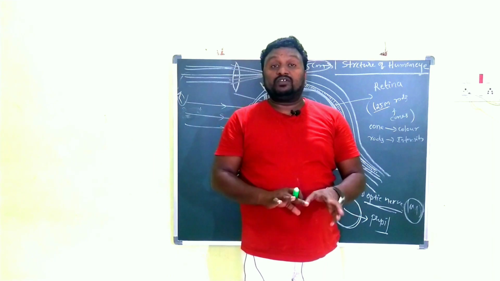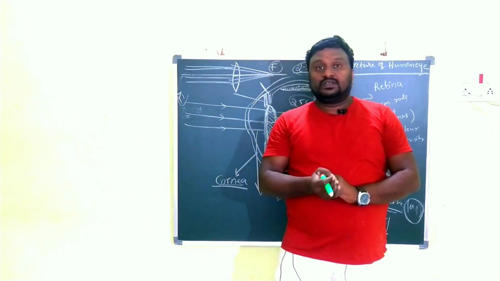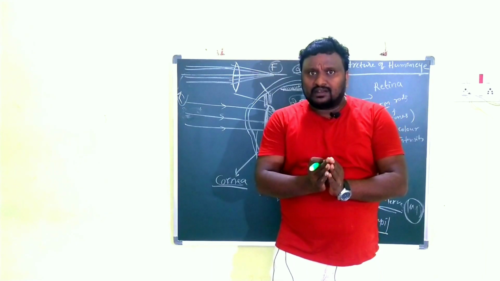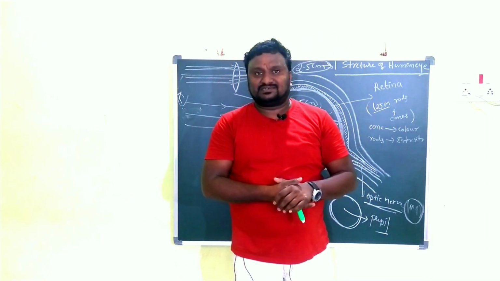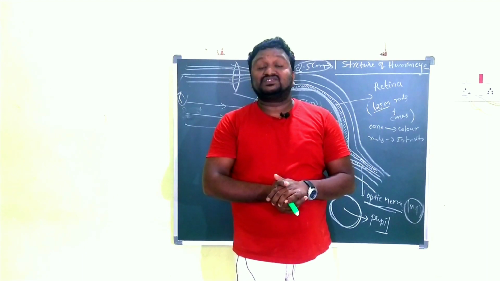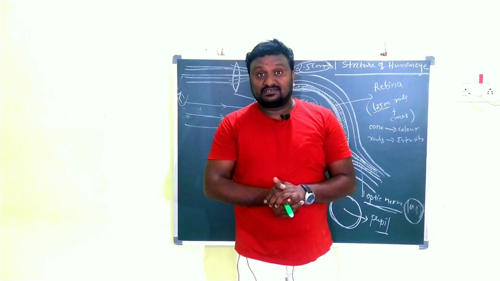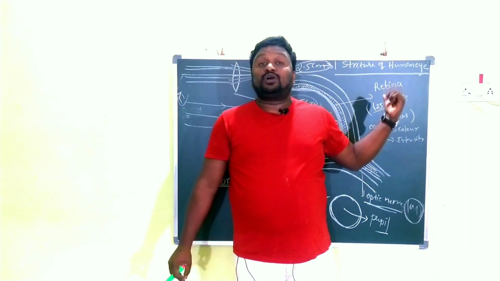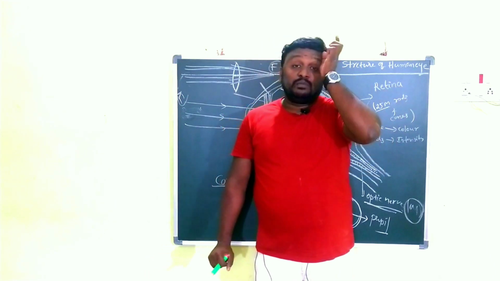That is the process we call accommodation. Accommodation is when the ciliary muscles change the focal length of the eye lens. That phenomenon is called accommodation.